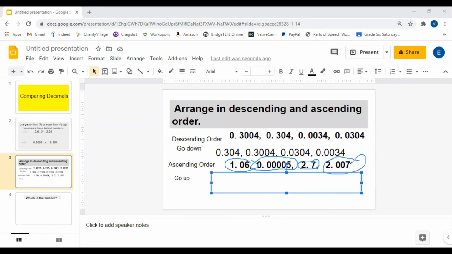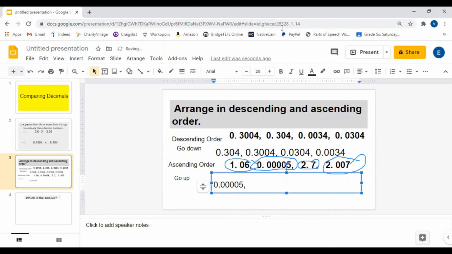So guys, we're looking for the smallest number. So it must be the one that starts with a 0. Okay? 0, 1, 2, 2. So it must be the one with the 0 here. So I'm going to insert the smallest number in here to be 0.00005. Funny, right?